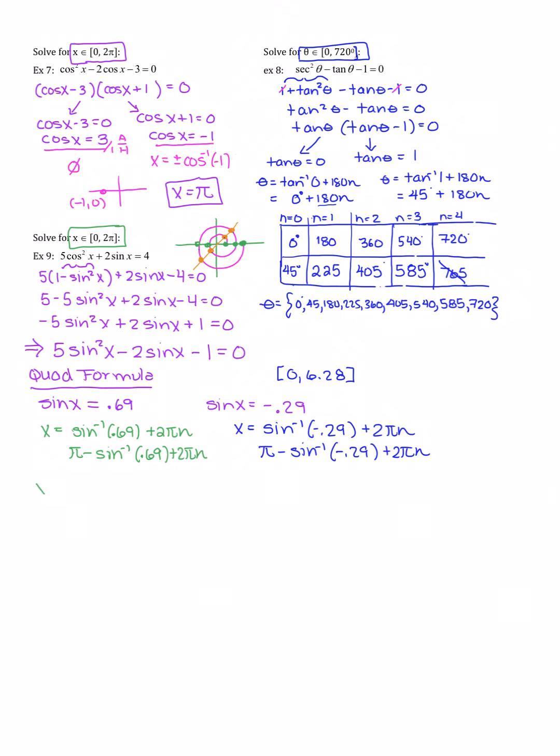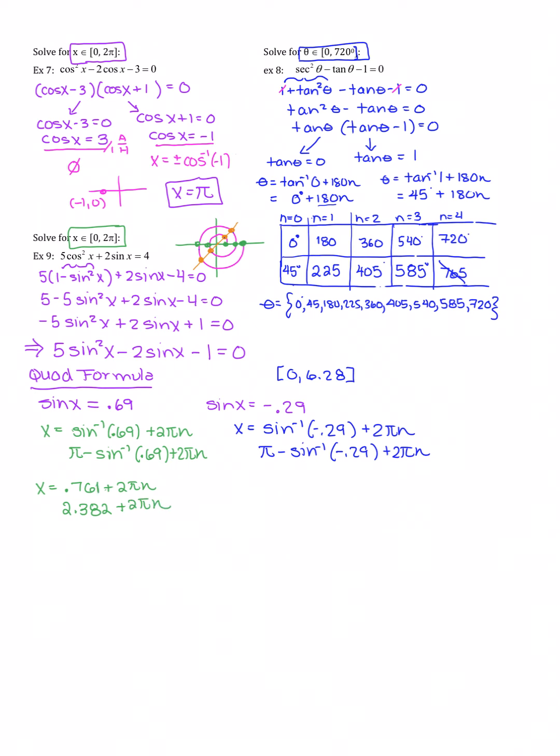So x equals 0.76 plus 2 pi n, and pi minus that. So pi minus 0.76 gives me 2.382 plus 2 pi n.